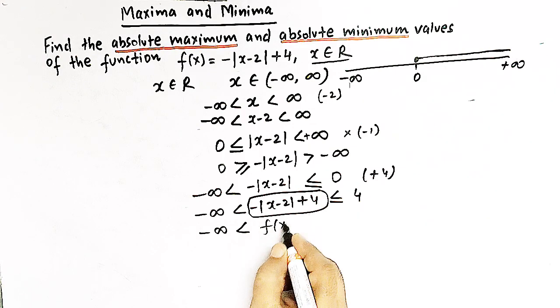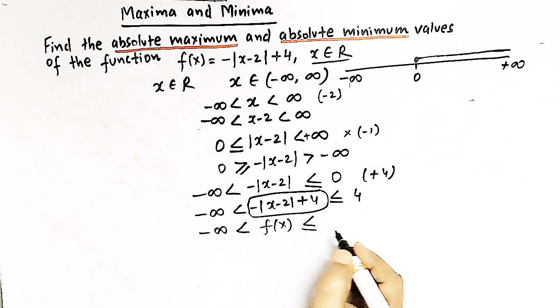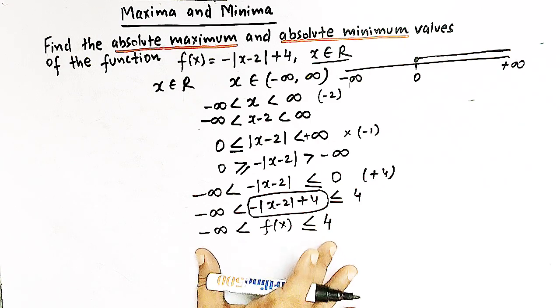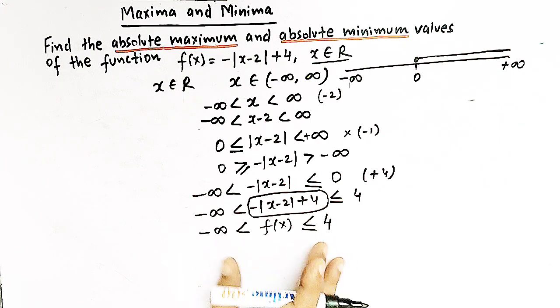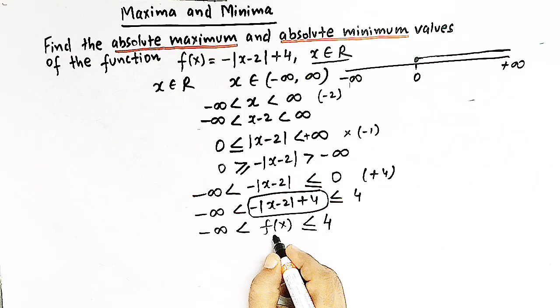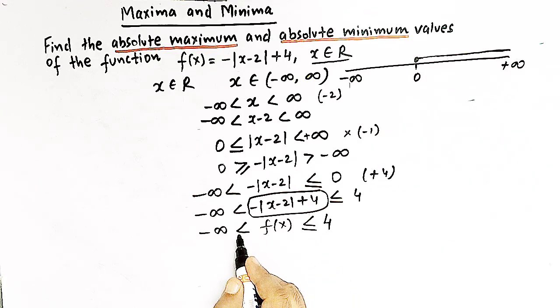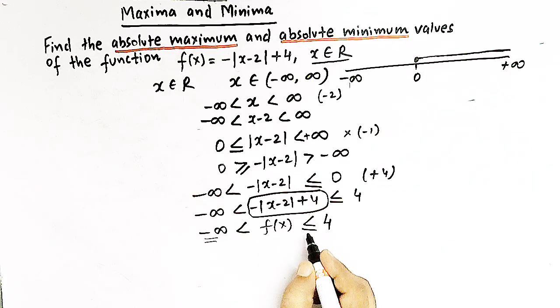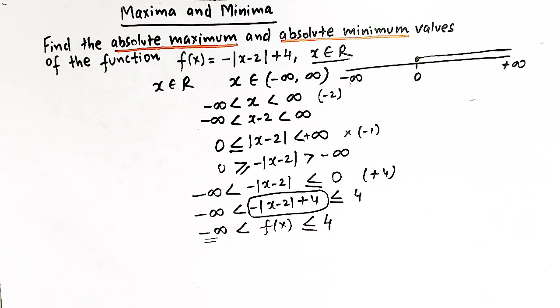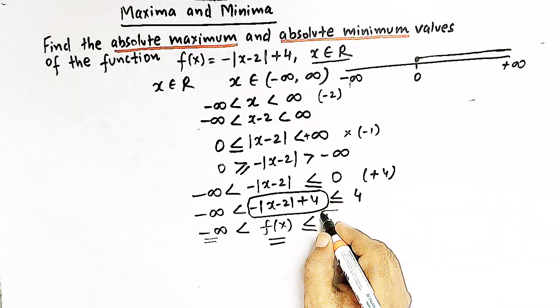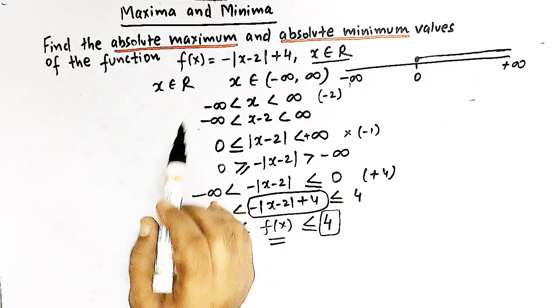So here we have f of x, and here we have 4, right? So from this inequality we can draw the conclusion that f of x is greater than minus infinity but it is less than or equal to 4.